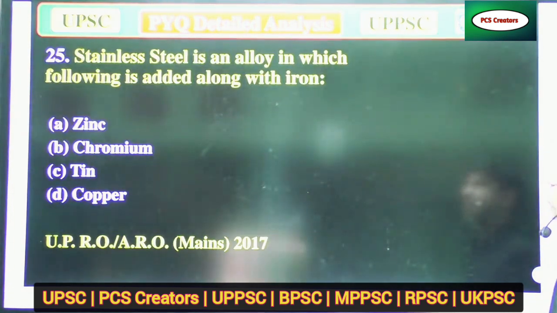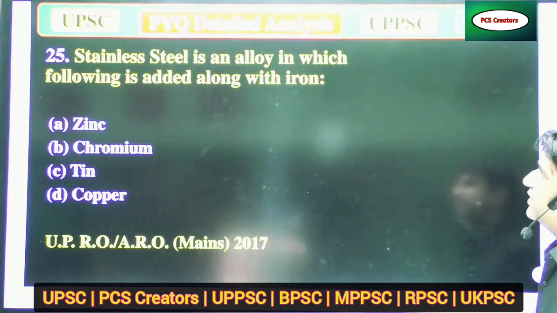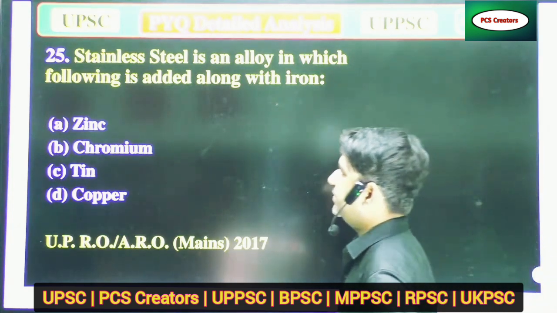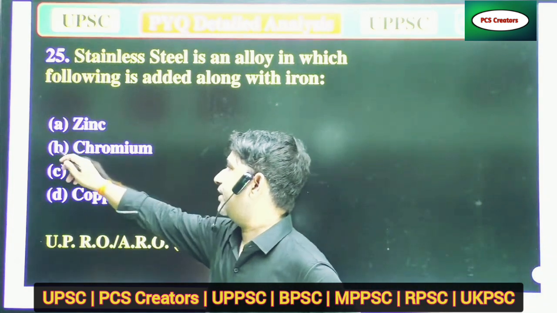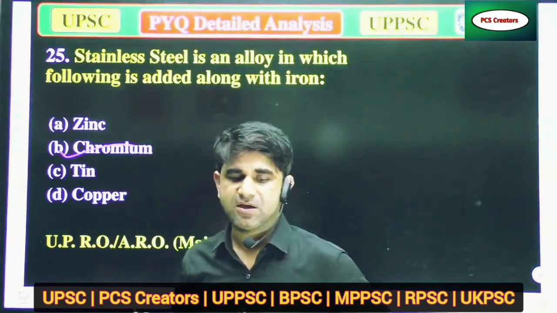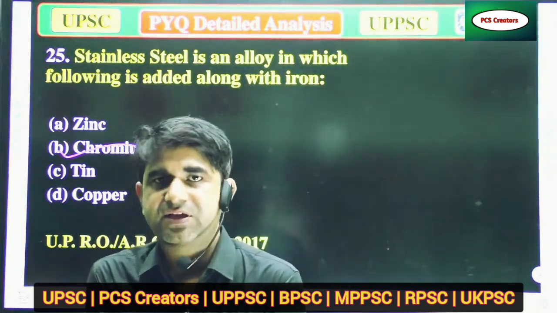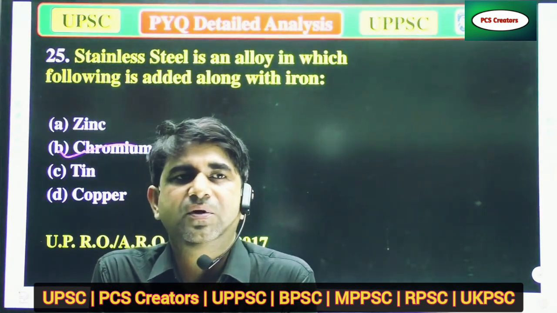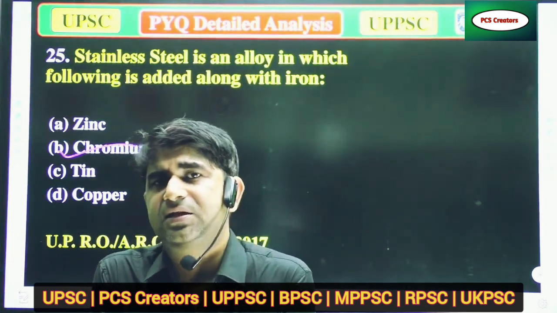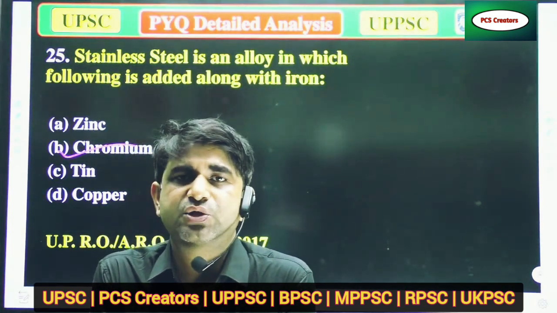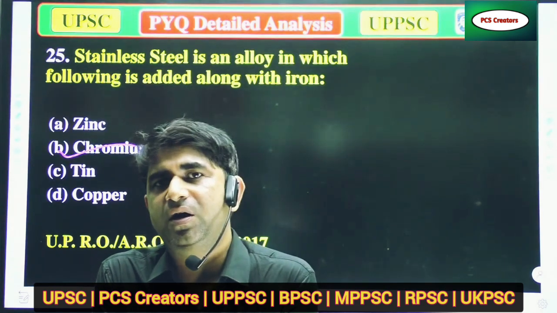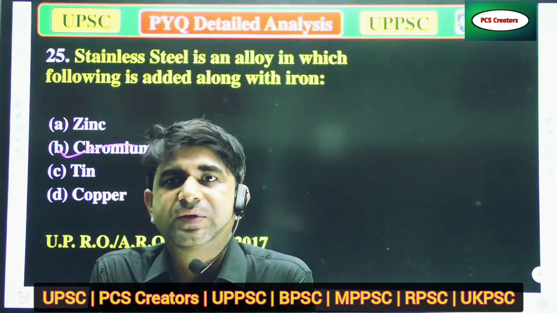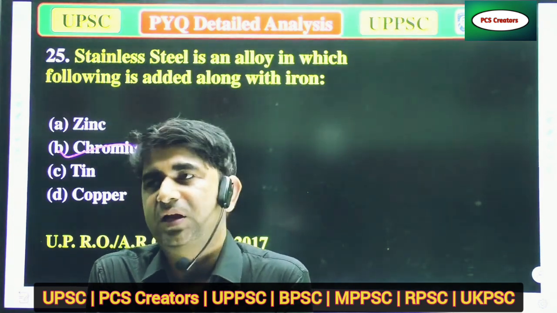Stainless steel is an alloy in which the following is added along with iron: A, zinc; B, chromium; C, tin; D, copper. In stainless steel there is some brightness, and that brightness is due to the decrease in corrosion.